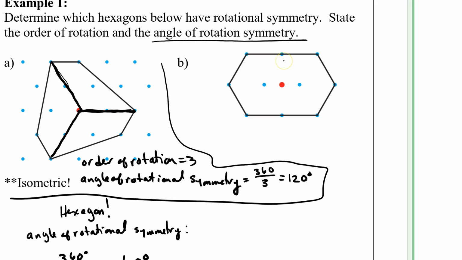Now this is also isometric. If it were not isometric, it would be in a grid pattern like this. But it's like the grid pattern has been rotated a little bit. So let's see what the order of rotational symmetry would be for this one. Now this one's weird. If I go like this, I can create this shape like that.